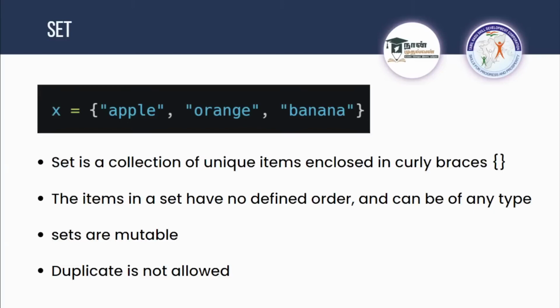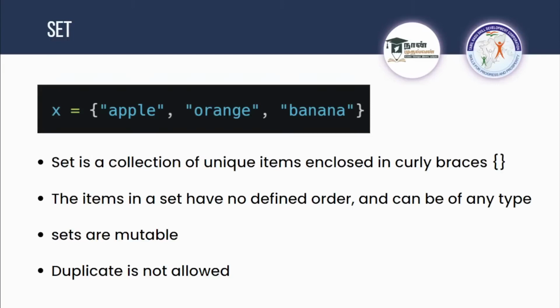The items in a set have no definite order and can be of any data type. So this can also store any data type, but a list and a tuple are ordered, which means whatever order you store, it will stay in that same order. If you give something first, it will be at the 0th index, and only once you change it will it change. But that is not the case in a set.